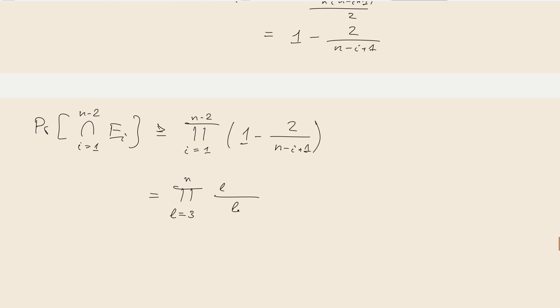So you have an L down here, and here you have L minus 2, divided by L. And that's almost like a telescoping thing, only that there are 2 left, right?